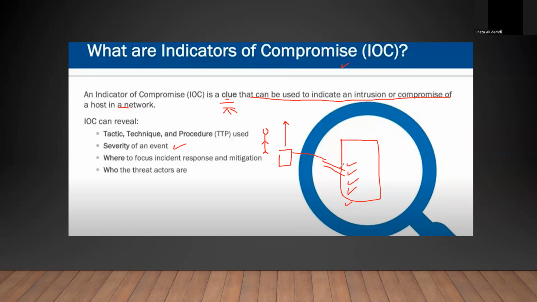So let's say you have a database server, and all of a sudden it gives you an alert saying that one user has been added to the admin group of this database server. This could be an event, and this could be a compromise.